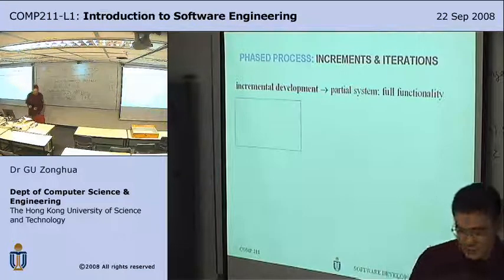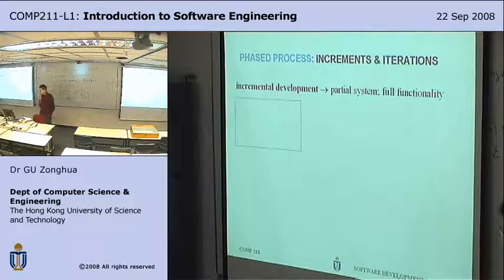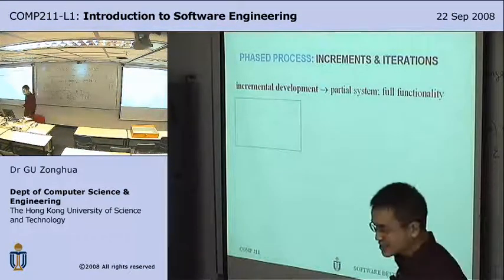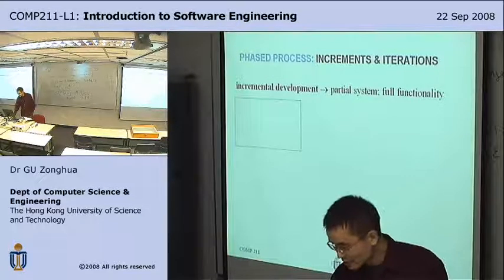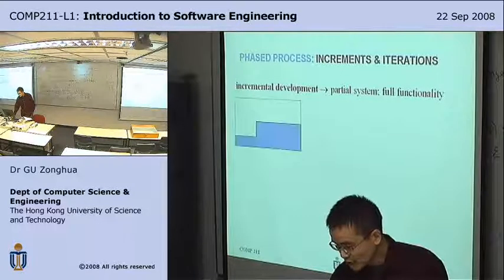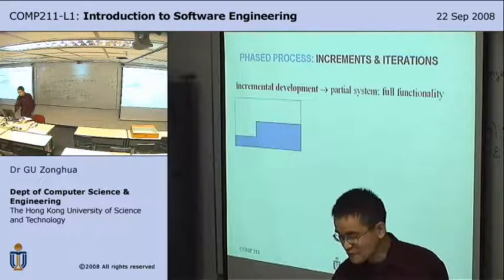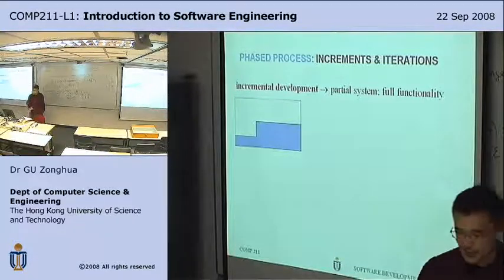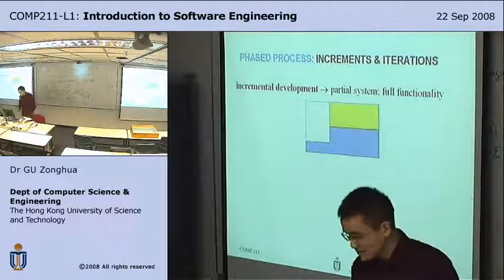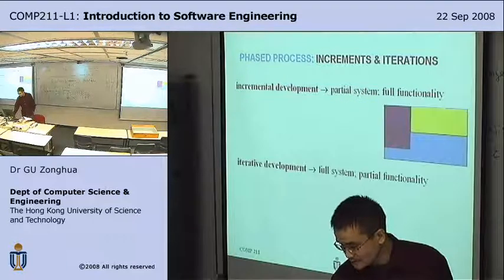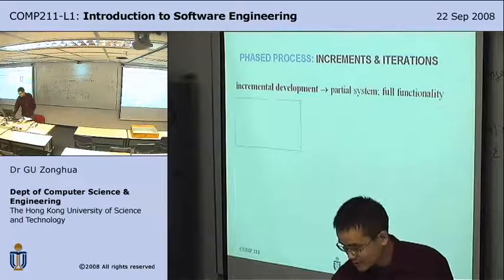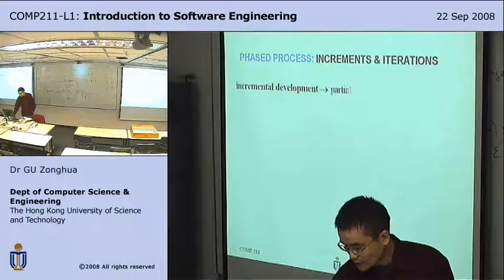There are two types of phased processes. One is incremental, one is iterative. So incremental is when you deliver a partial system as part of a release, but full functionality. So here's the animation, something wrong. Okay, hold on. Partial system.